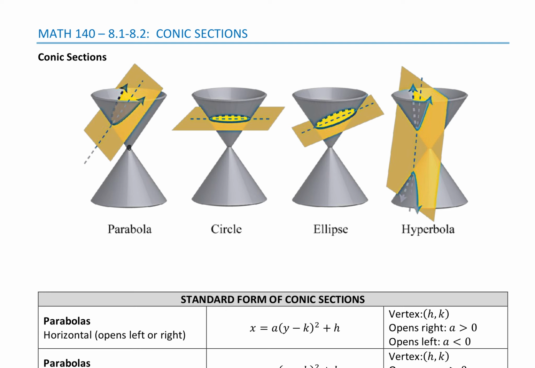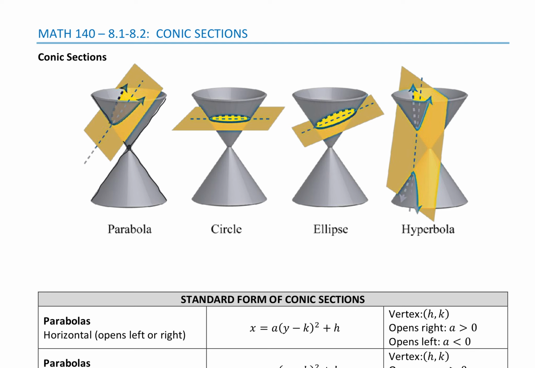In this particular diagram, we have a cone that's facing down and a cone that's facing up. And that's our conic. The conic are those two cones.